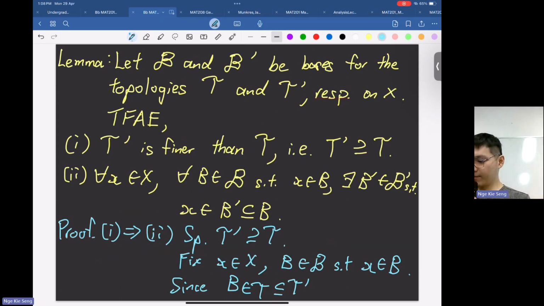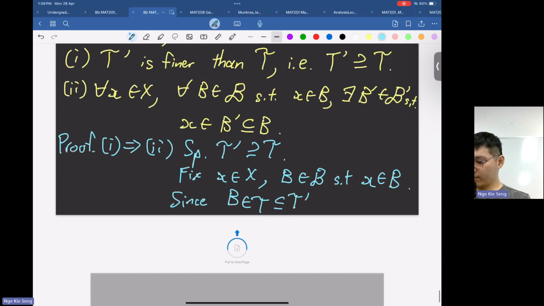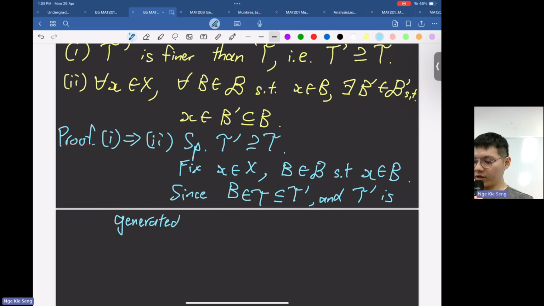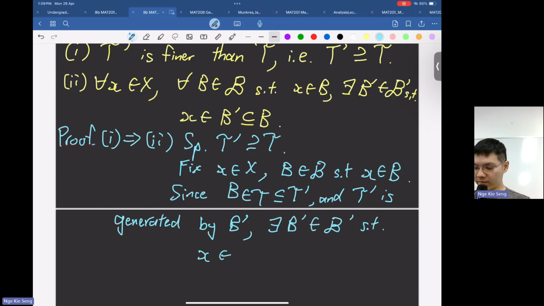Since B is in T prime and T prime is generated by B prime, if you are a topology generated by a basis, it means that there exists a B prime in script B prime such that X is in B prime, which is in B. This is what it means to be open in a topology generated by a basis.